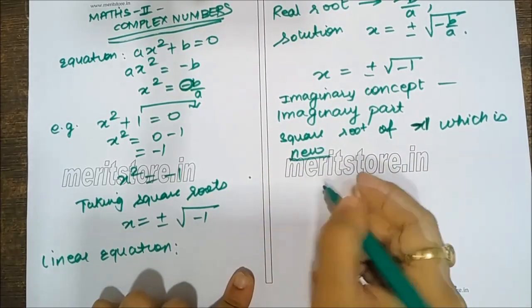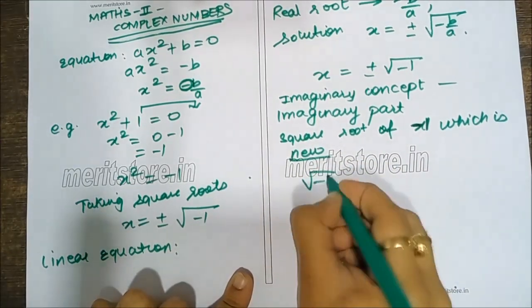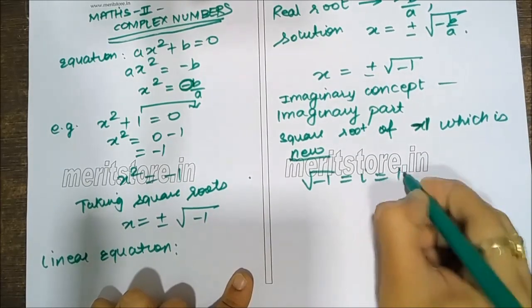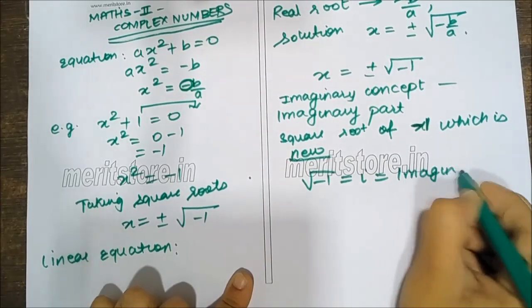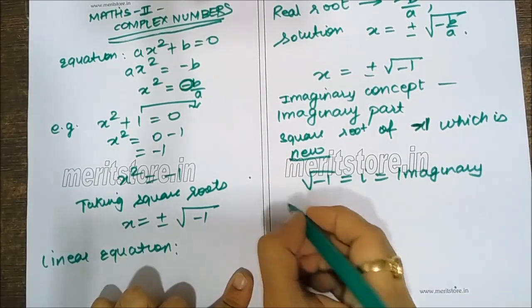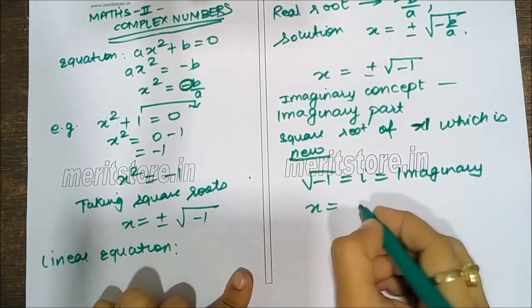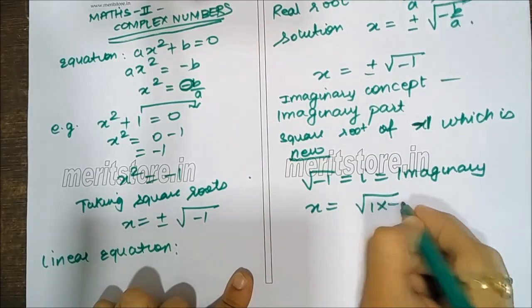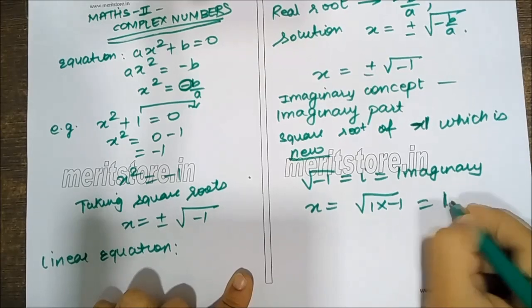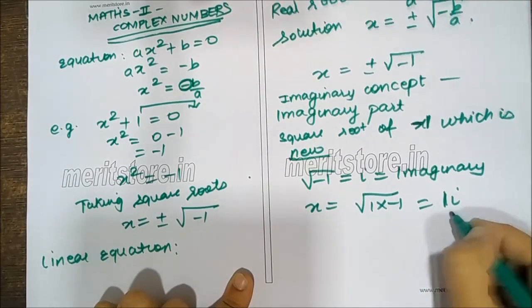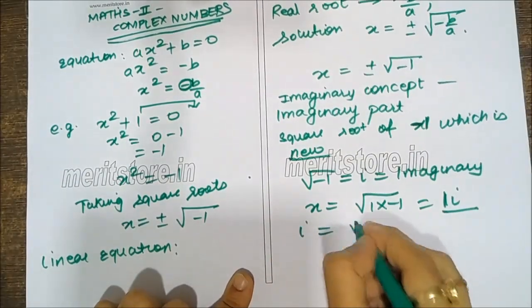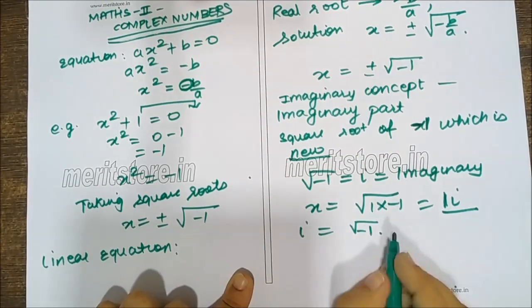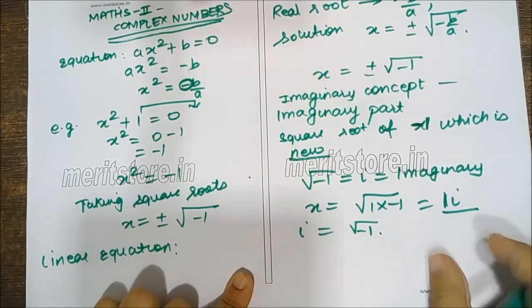So this root of minus 1 was imaginary, which was defined by our great mathematicians, and here I would say 1 into minus 1, that is 1i. So this i is equal to root of minus 1.